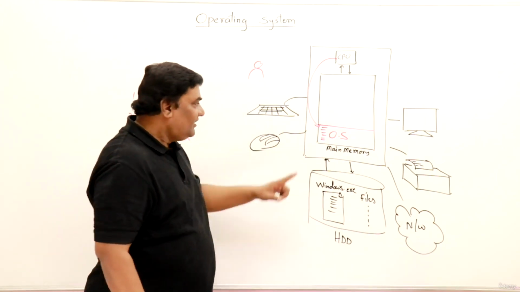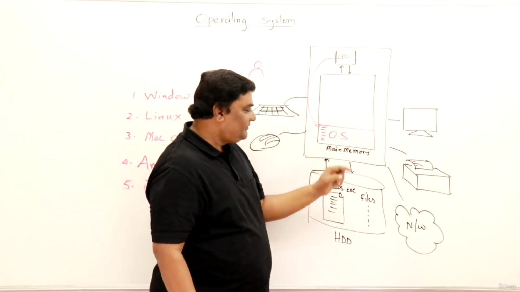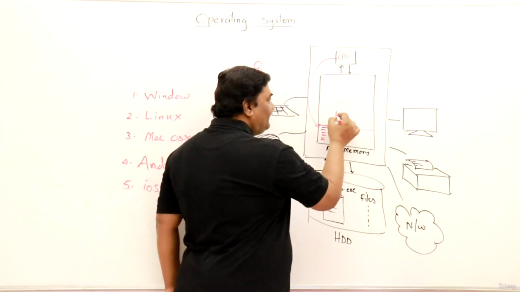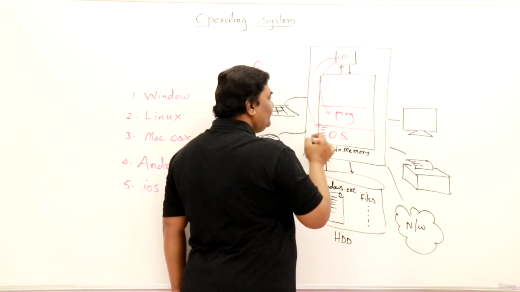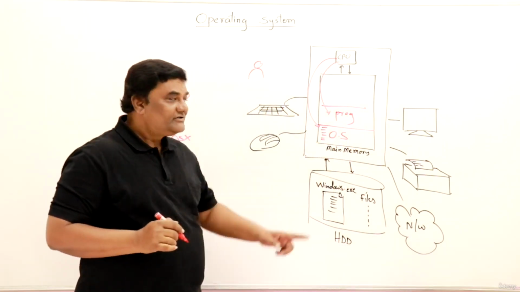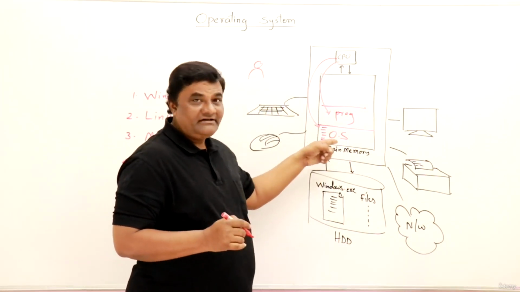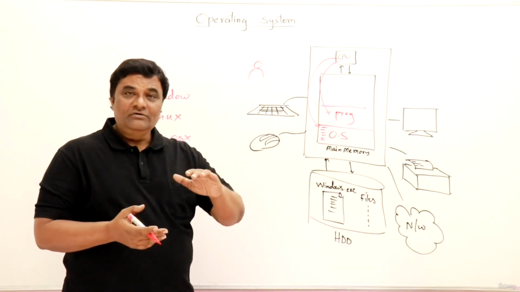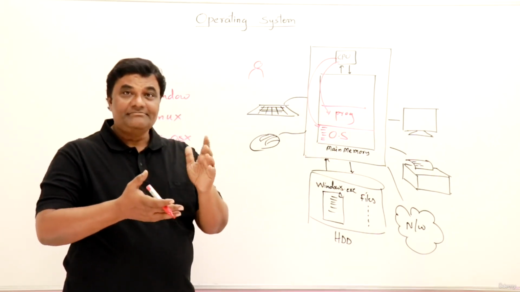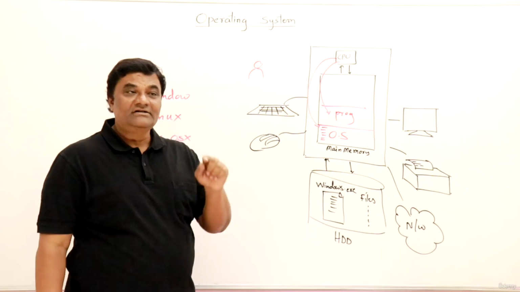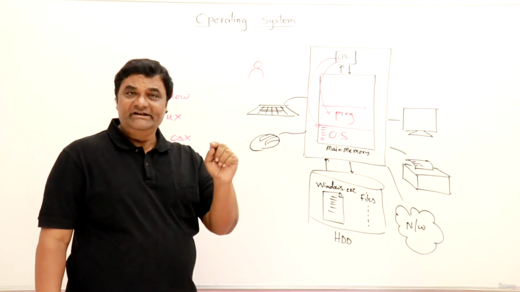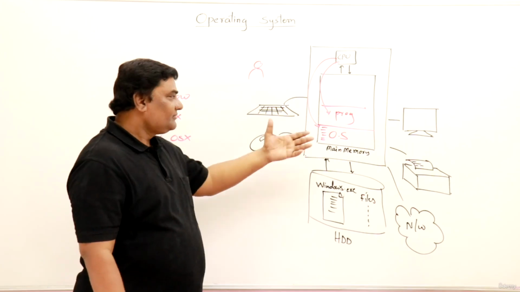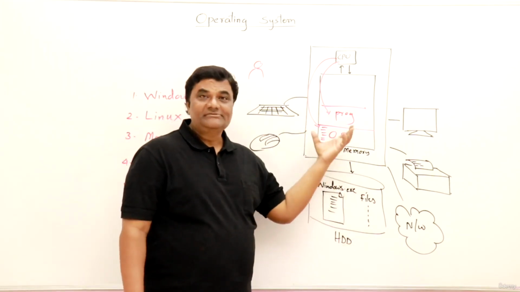How does it work? The operating system running inside the CPU will bring that program into the main memory and ask the CPU to execute it. That program runs within the context of the operating system. It is not independent; it runs as a part of the operating system, within its control. It is perfectly monitored by the operating system, so the operating system gets our programs executed.